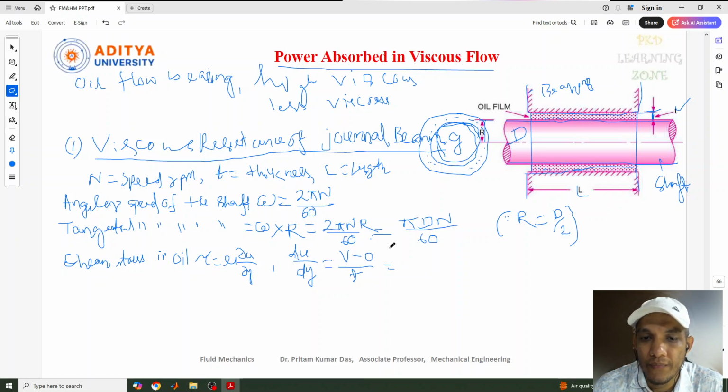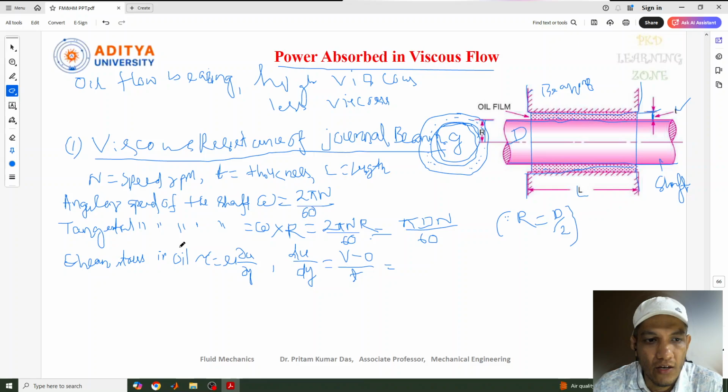This is a very small thickness, so there is no difference across it. So we consider v minus 0, and we already have this value, so we can write v by t.